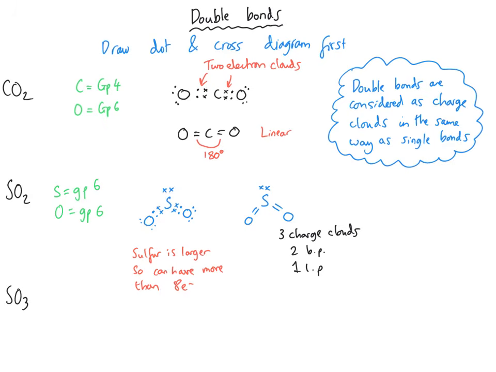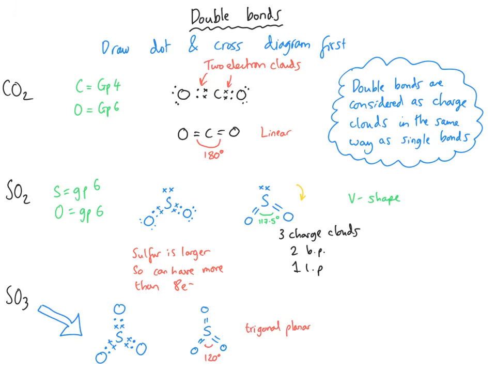However, remember that the lone pair causes the shape but doesn't get included in the name. So this is effectively a V shape, or that non-linear shape that is the same as water. Not quite the same bond angle, it's going to be 117.5 because remember in water there's 4 clouds of electrons and 2 lone pairs, but we could still call this a V shape.